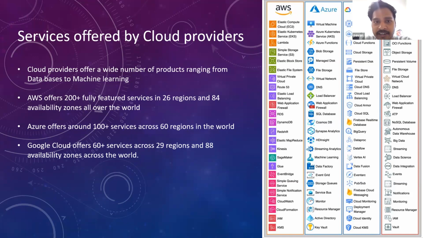For example, in Canada, they have Canada Central, with one region and one availability zone. But if we take the example of the US, they have multiple regions and then multiple availability zones.